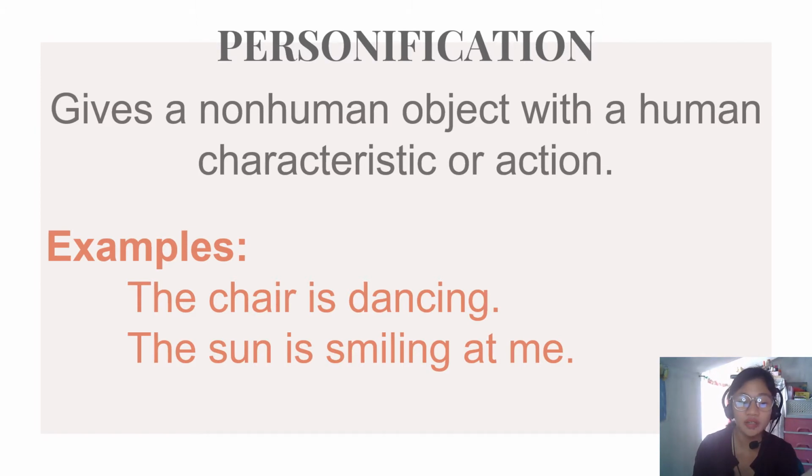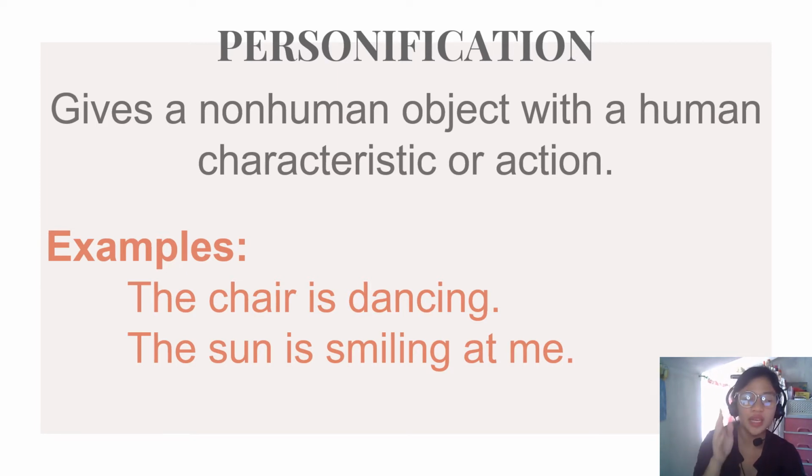The chair is dancing. A chair is a non-human object, a non-living thing. Therefore, a chair cannot dance. It will dance if you move it, but for itself, it cannot dance.